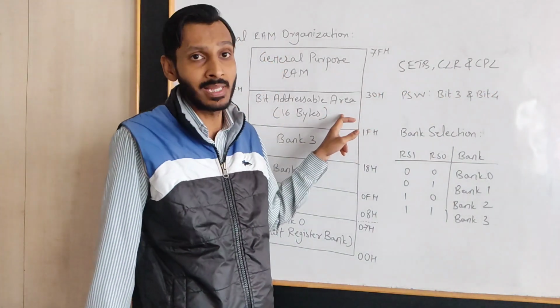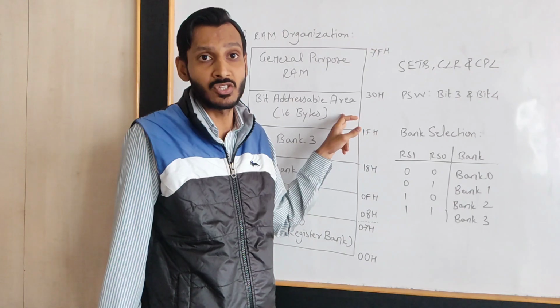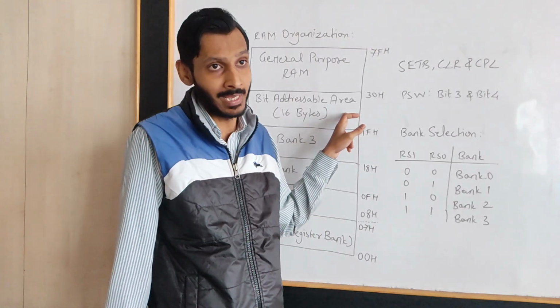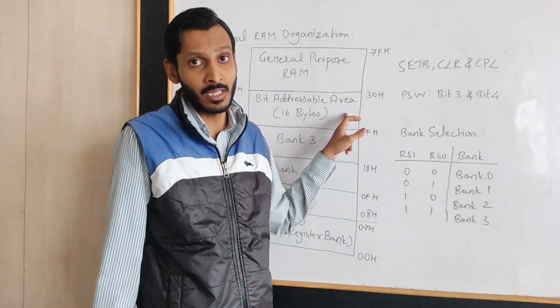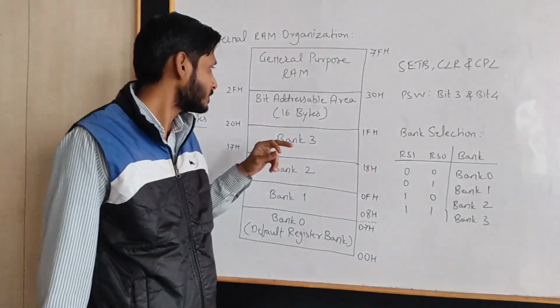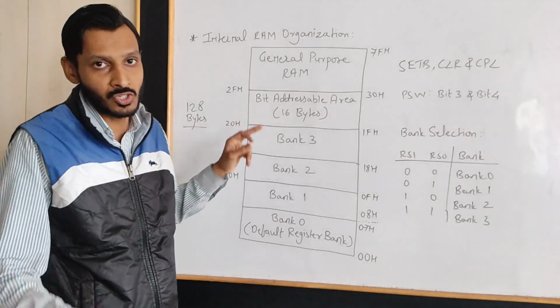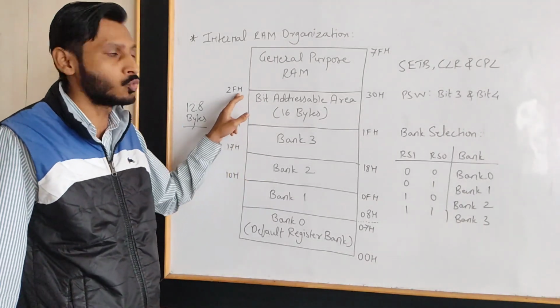In this area you can check the status of a single bit. This bit addressable area is a total of 16 bytes, and it starts from the location 20H to 2FH.